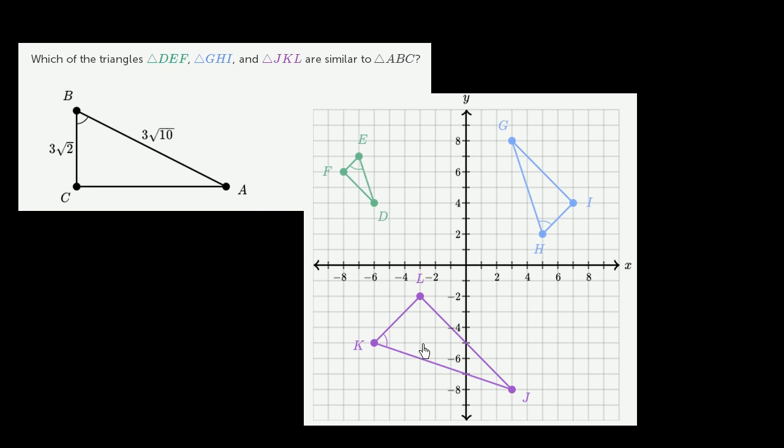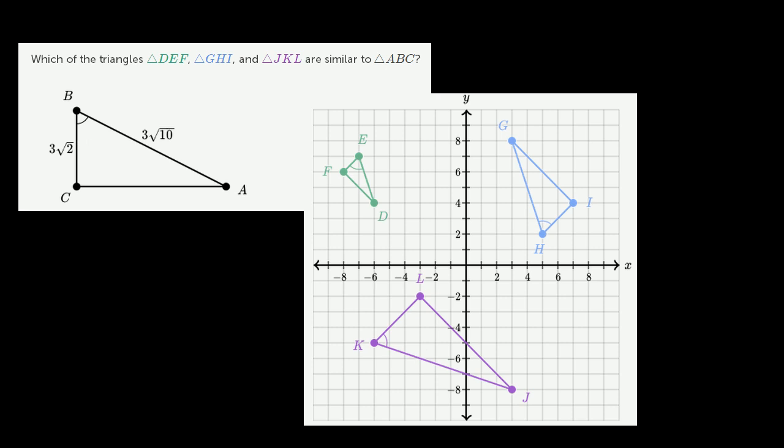So let's say we're trying to compare triangle JKL to triangle ABC. If you can show that they have two corresponding angles that are congruent to each other, and that the ratio between the sides on either side of that angle is the same, then you're dealing with similar triangles.